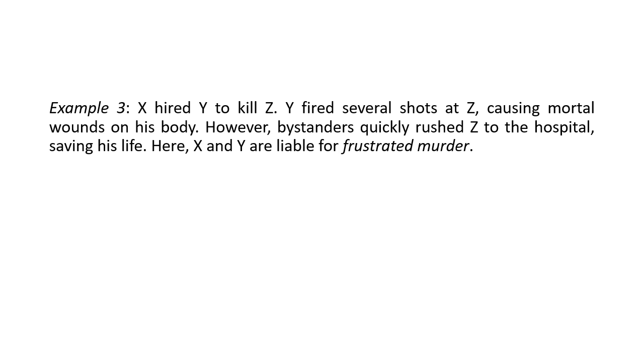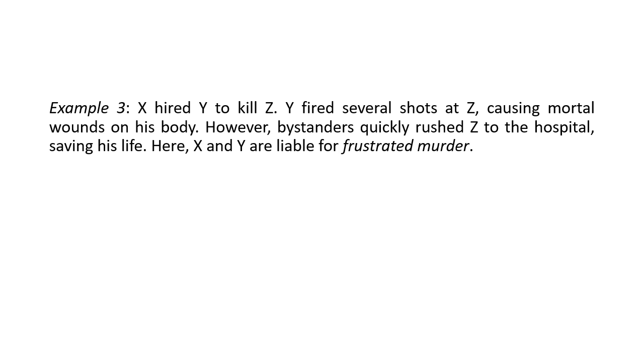Now, the crime is categorized in the frustrated stage because Y, the perpetrator, had already performed all the acts of execution which should have produced the felony of murder as a consequence. But nevertheless, the felony of murder was not produced by reason of a cause independent of the will of Y. And what is that cause independent of the will of Y?